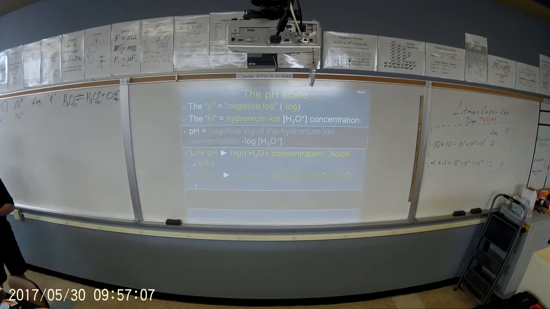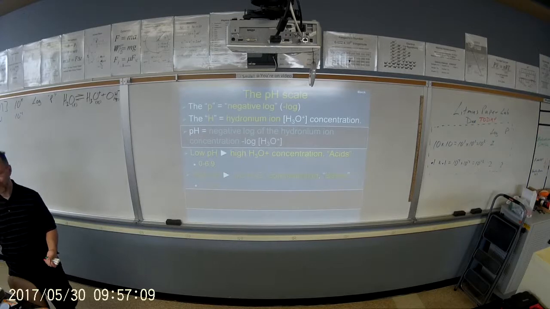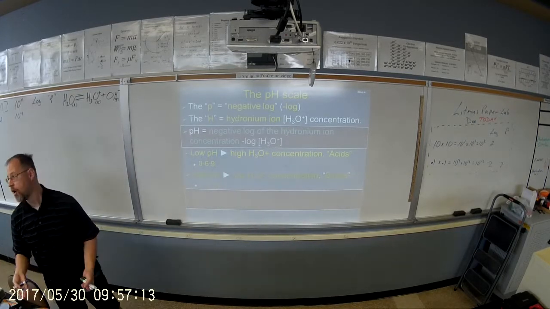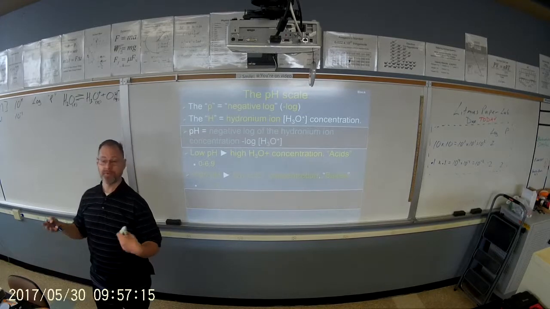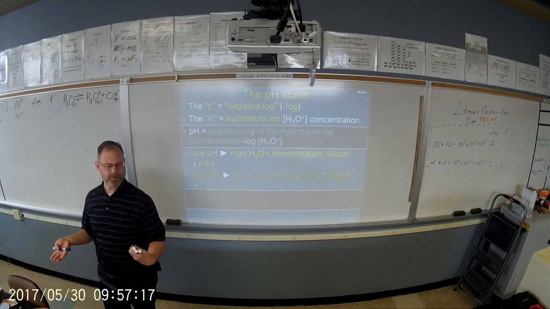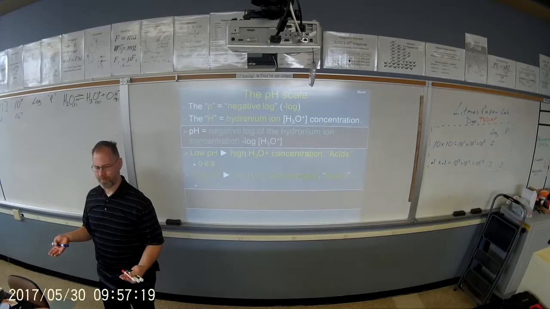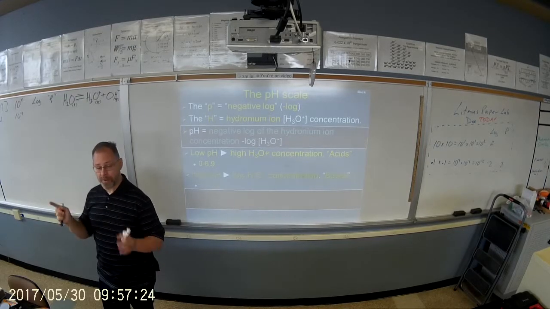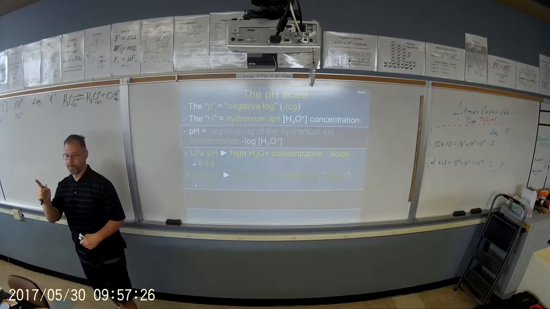Like 10 is 10 to the first power, 100 is 10 to the second power. Does anyone know what 10 to the 0 power is? 1. Anything raised to a 0 power is 1.